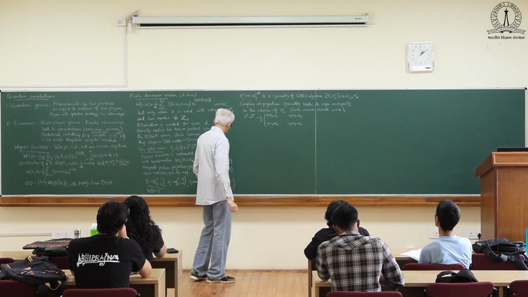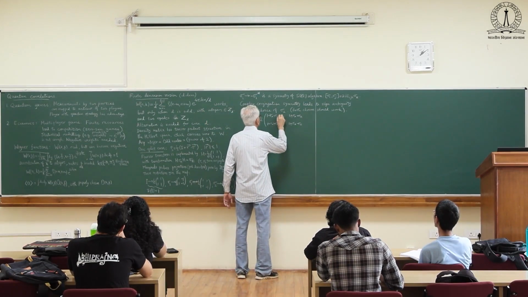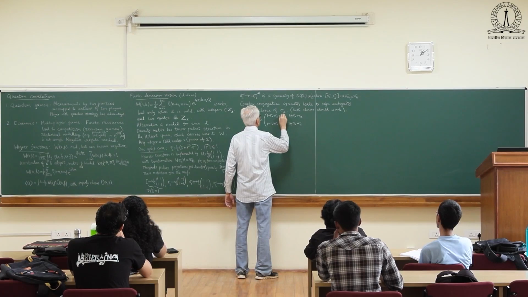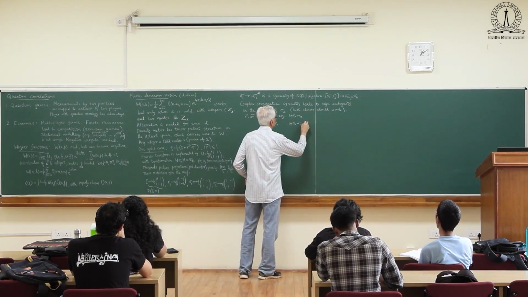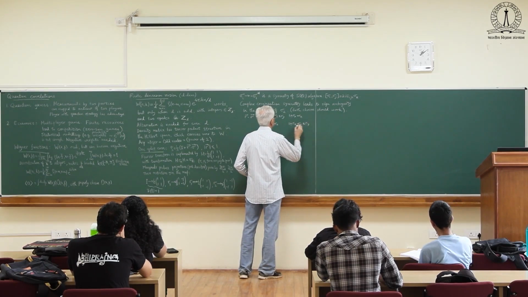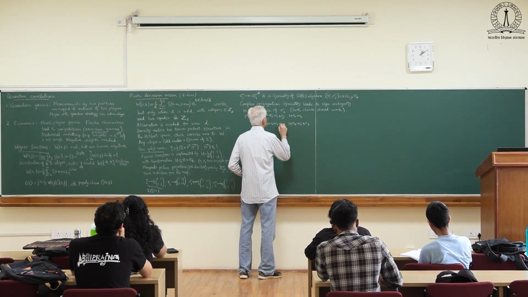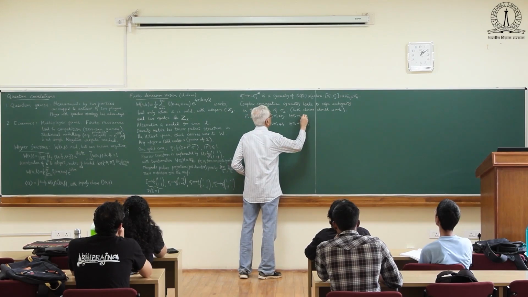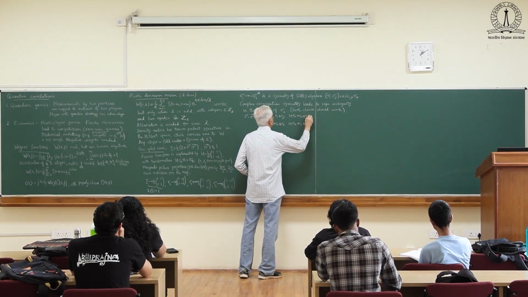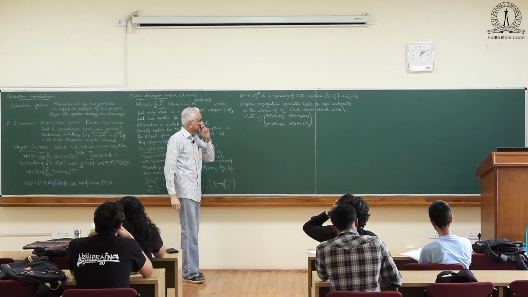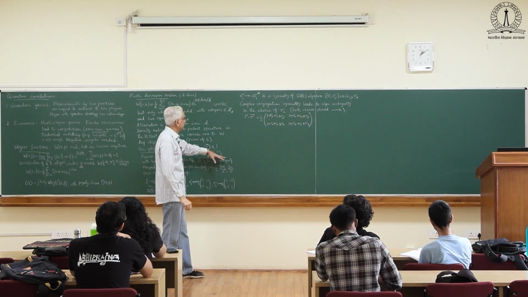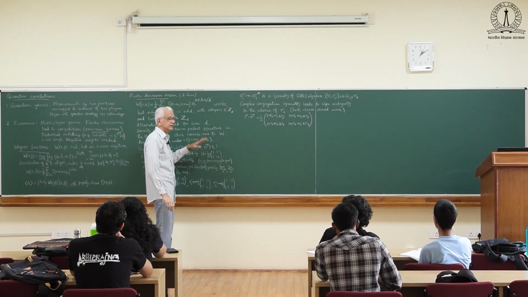And because there is ambiguity, I will write it as plus or minus here and plus or minus here and the opposite sign here. So that will give me a description of any state.